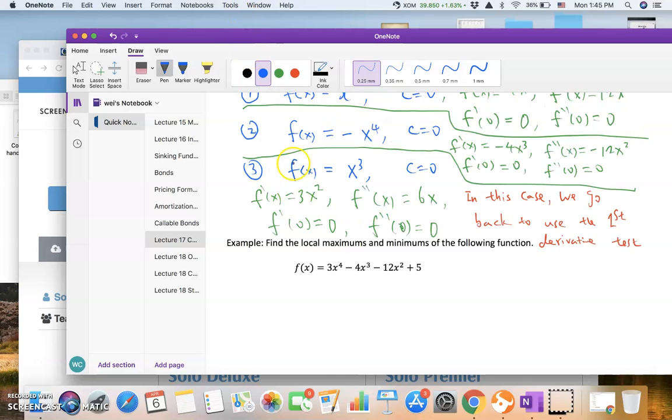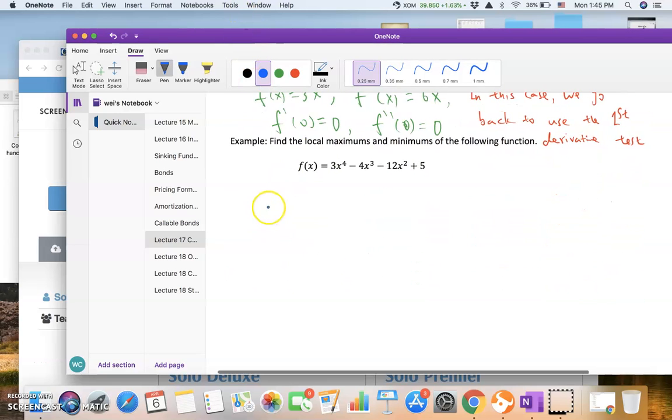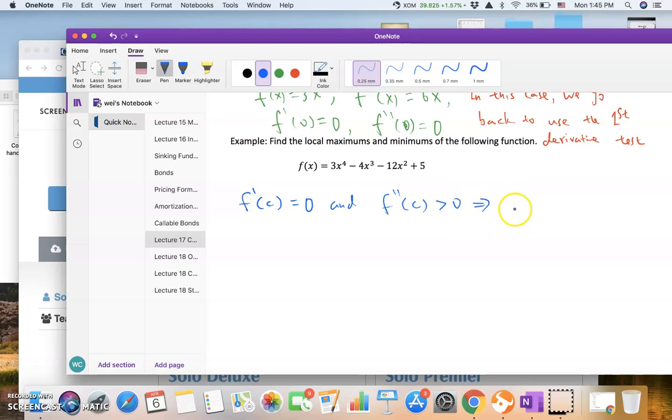Okay, so the second derivative test says if f prime of c equals 0 and f double prime of c is positive, then the function has a local minimum at x equals c.